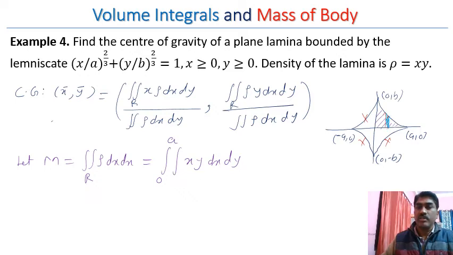So the lower limit is 0 and the upper limit comes from the curve. So the lower limit of y is 0 and the upper limit is b times (1 - (x/a)^(2/3)) to the power 3/2. This is the upper limit of y, and 0 is the lower limit.